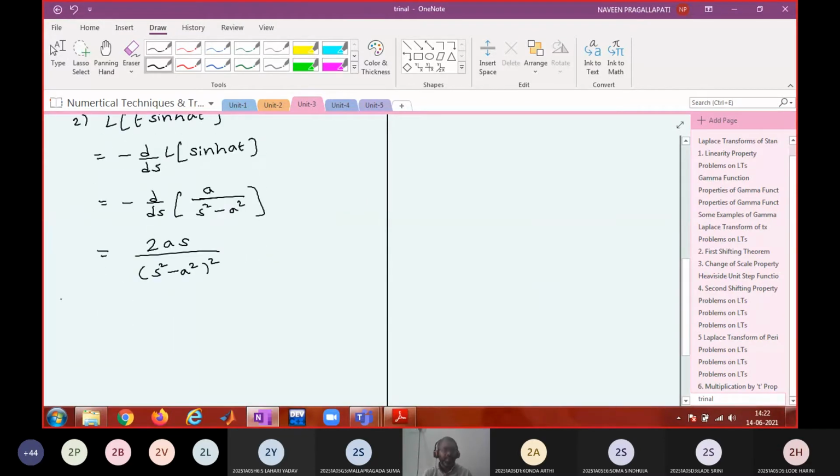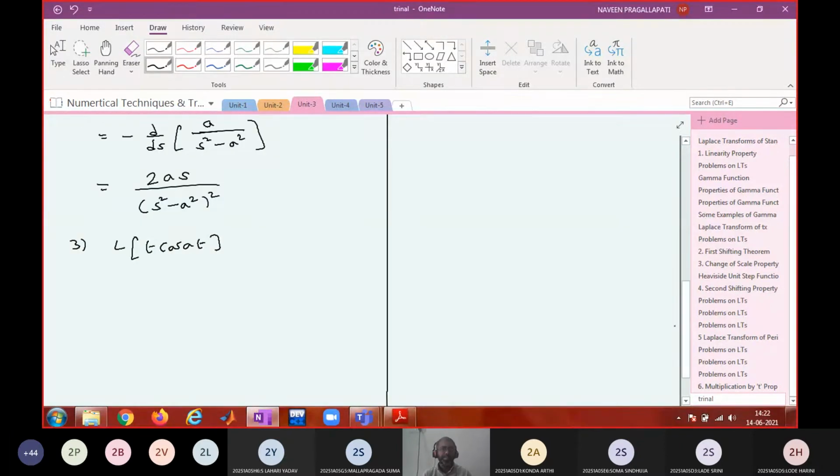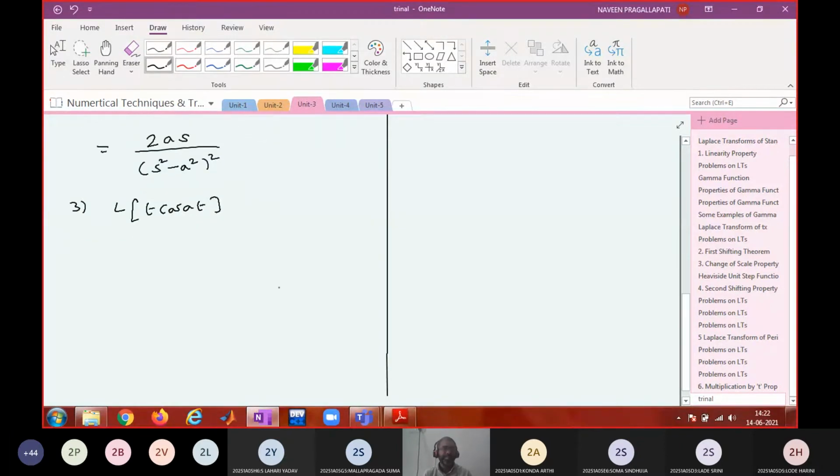Next one. What would be Laplace of t cos at? So this is minus d by ds of Laplace of cos at.